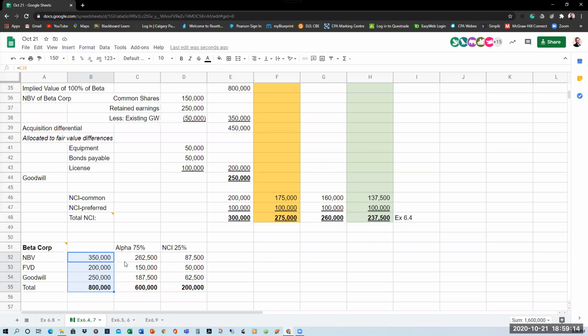We cannot memorize these things. We have to have a very clear understanding. So this acquisition results in control. Control is absolute. The parent company is in control over all of the subsidiary. When it comes down to ownership, the parent company owns just its share. NCI owns its own share.